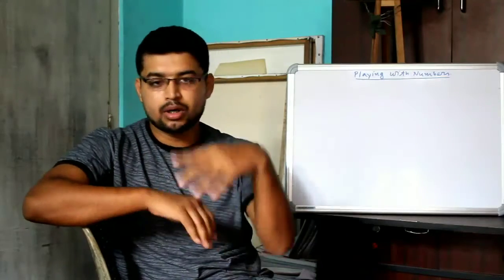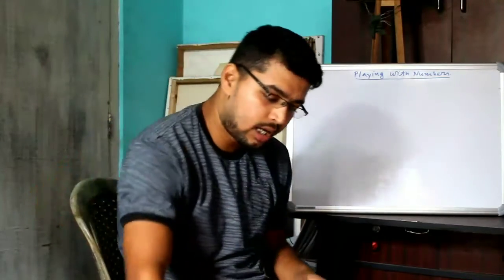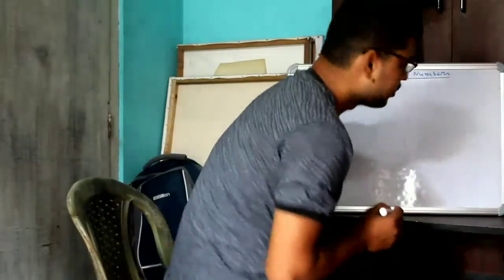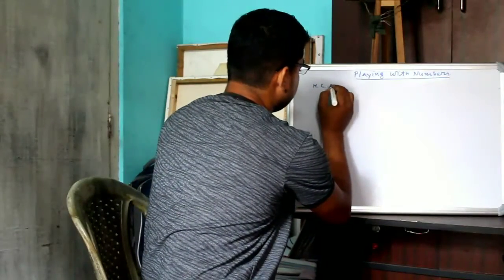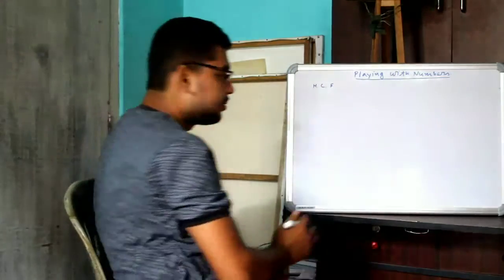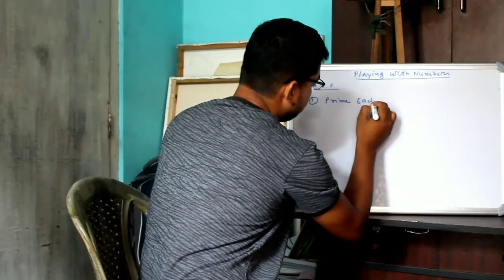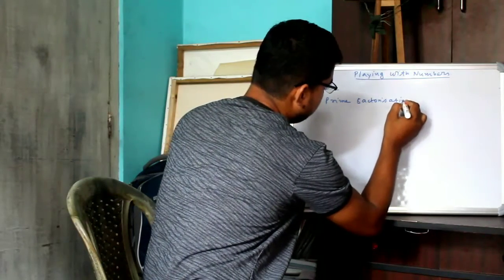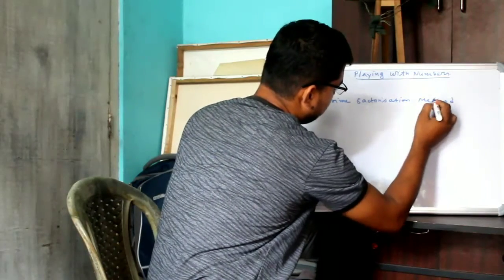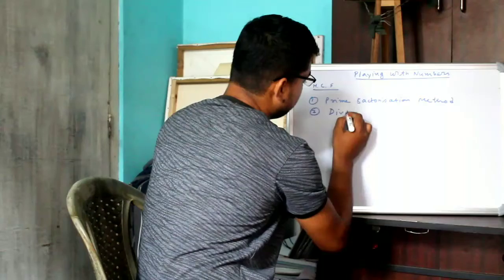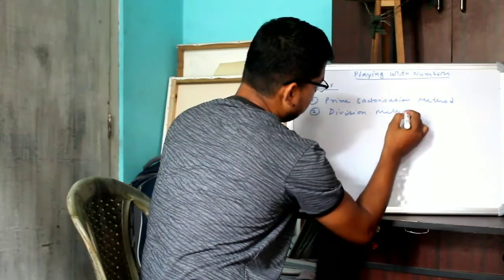For finding the highest common factor, we will try 2 methods. Number 1 is the prime factorization method. Number 2 is the division method. HCF is very important for your upcoming sessions. So, HCF, highest common factor.